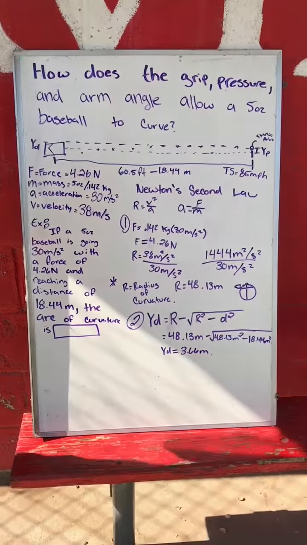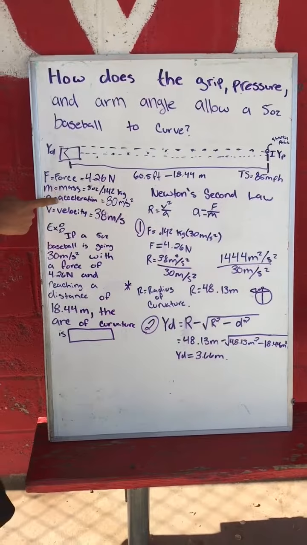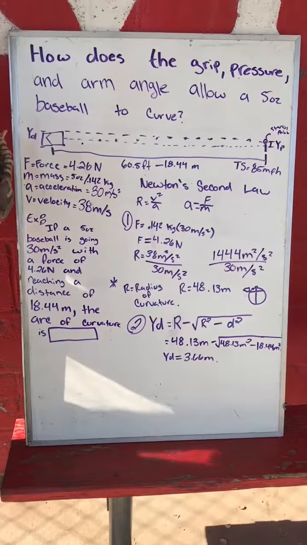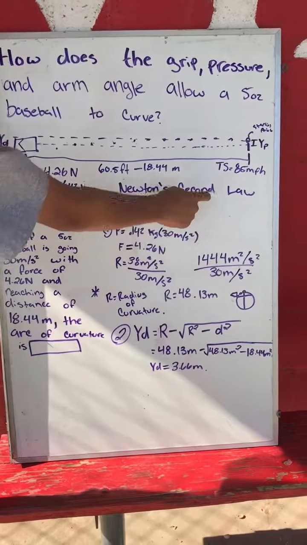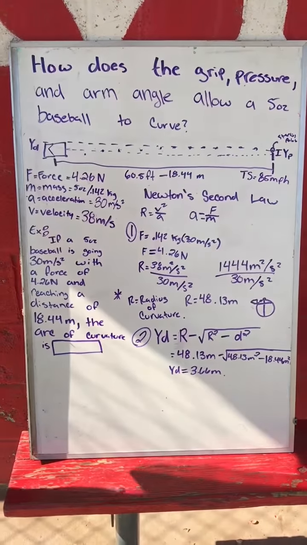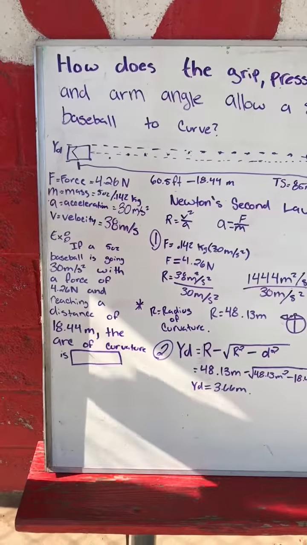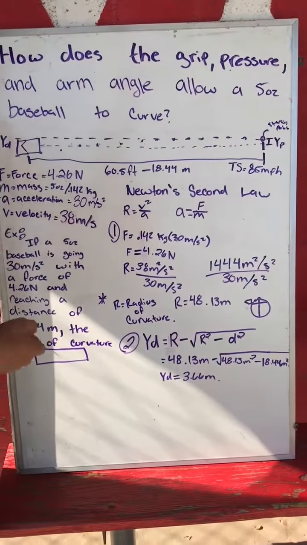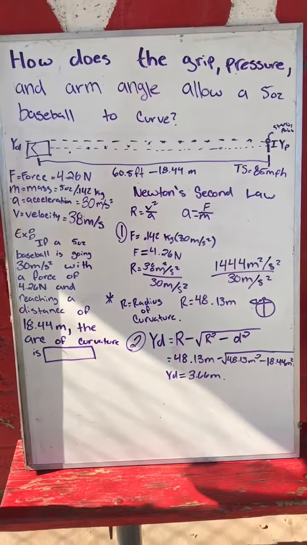So now that we found the force, mass, and acceleration, we need to find velocity. That's simple: the top speed of this curve is 85 miles per hour, and 85 miles per hour converted to meters per second is 38 meters per second. So next thing we need to do is find the radius of curvature, which is velocity squared over acceleration.